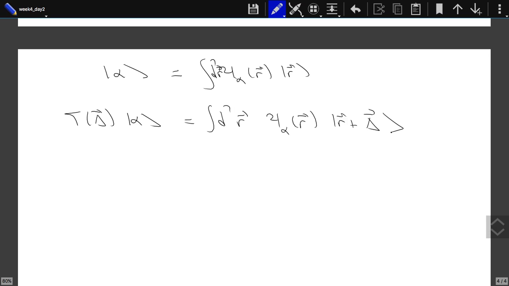Now, there is one point you should pay attention to. This translation operator acts on the vectors in my Hilbert space. That is, it acts on the kets, not on the coefficients. That is how we always define the operators. Operators are changing my kets, not the coefficients. So that is why psi alpha of r is still the same, and only the ket is changing. The ket is translated by delta.